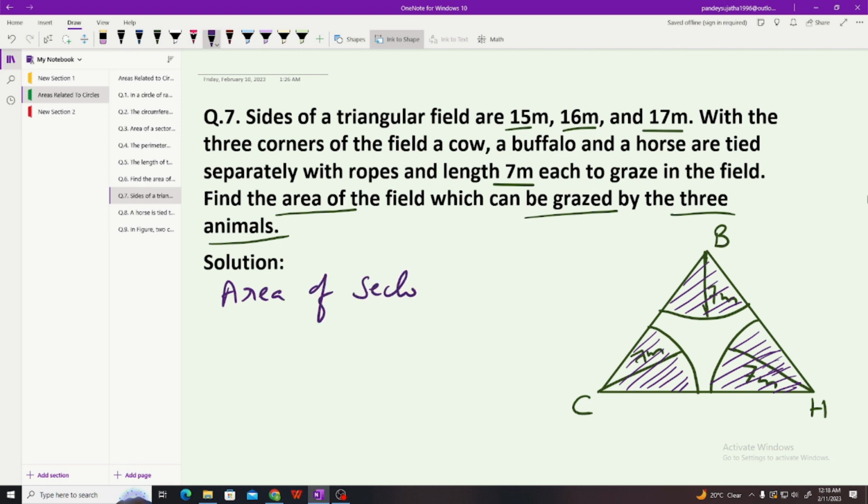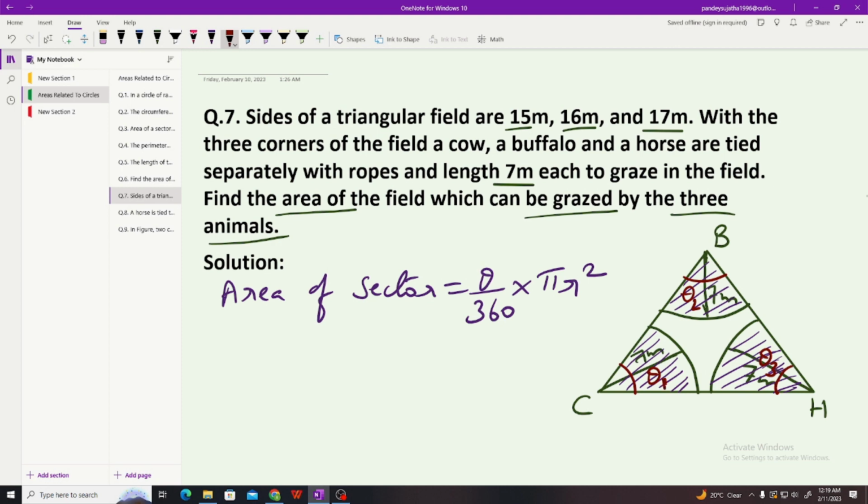Area of sector is theta upon 360 into pi r square. Since for this triangle the angles are not given, we will assume this theta as theta 1 and this theta as theta 2 and this theta as theta 3.